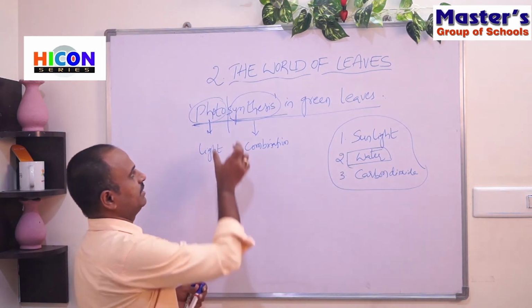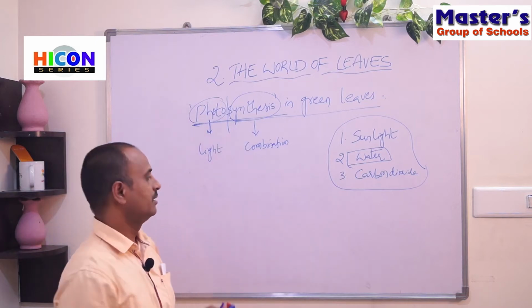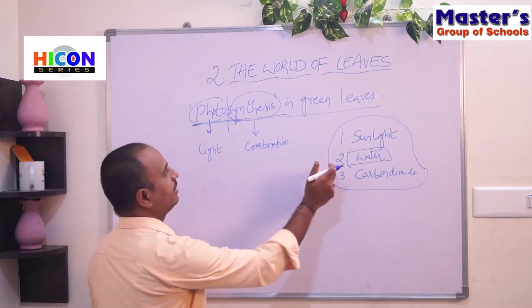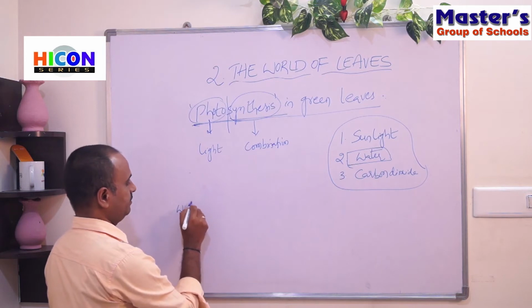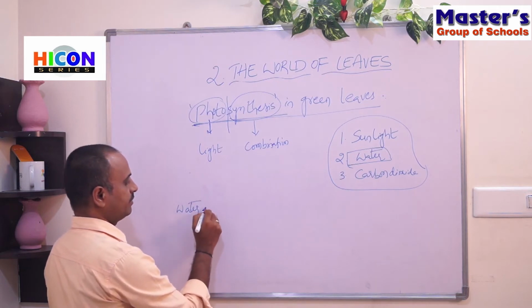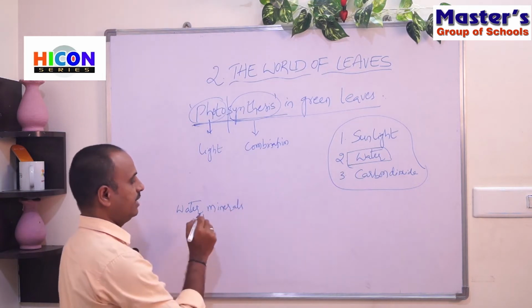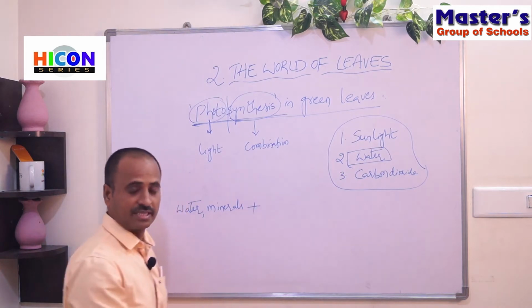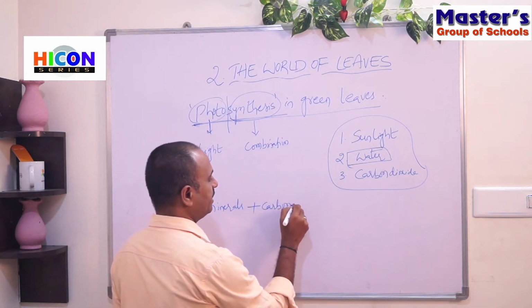Photosynthesis can be written in the form of an equation like this. The first required component for photosynthesis is water. So water, minerals, and this water and minerals are mixed up, that means combined with carbon dioxide present in the air.